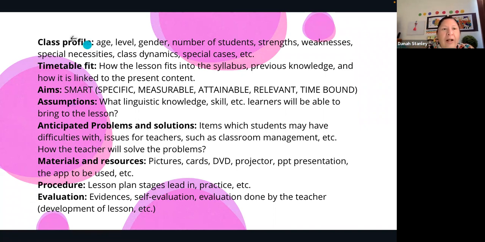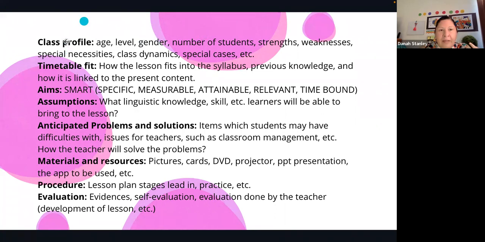So in general, these are the ingredients of a lesson plan. And if you see, some of them can be very basic, no? O sea, we are probably not going to include the class profile in every single lesson plan, but at least to have this present.